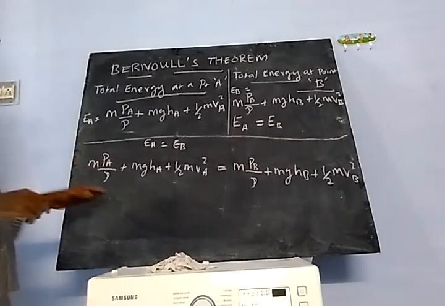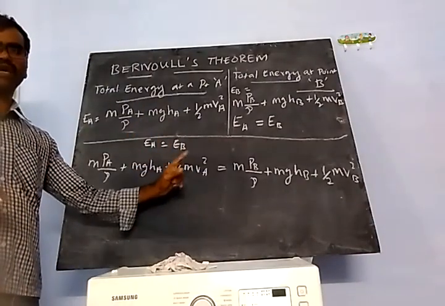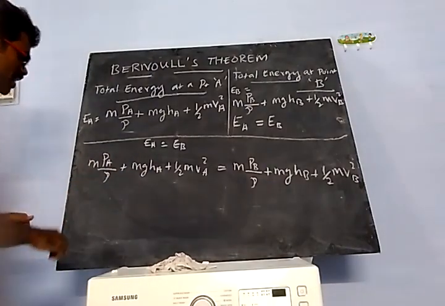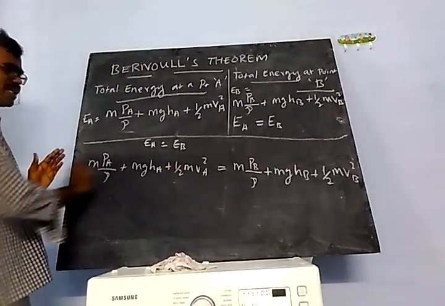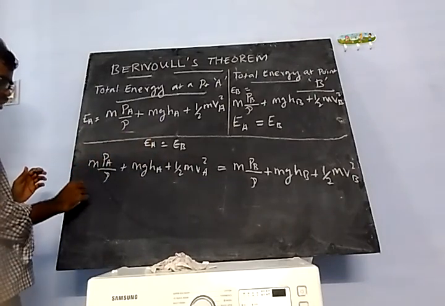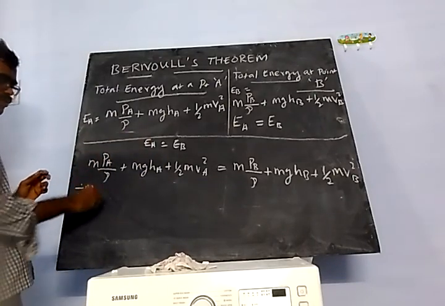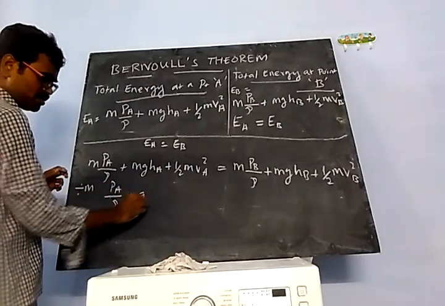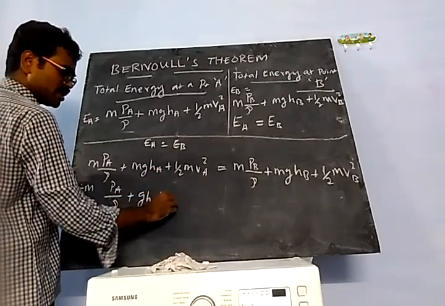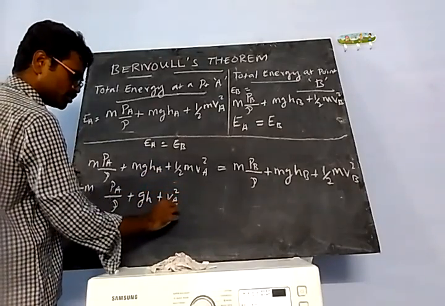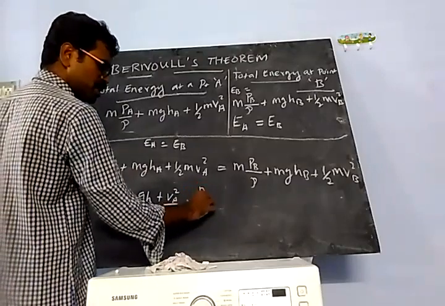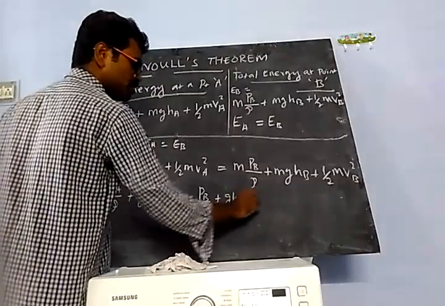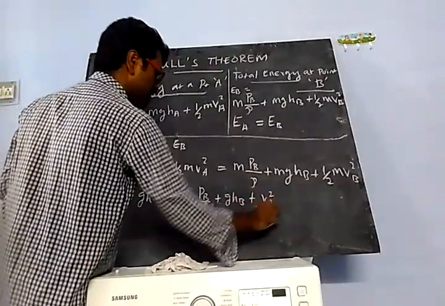In all the terms only one physical quantity is common. What is that physical quantity? m. So all the terms have m, and you can divide by m. So P_A by rho plus g h_A plus v_A squared by 2 is equal to P_B by rho plus g h_B plus v_B squared by 2.